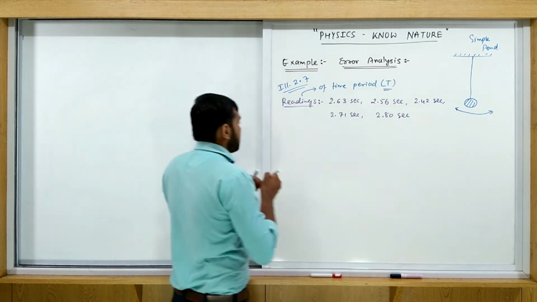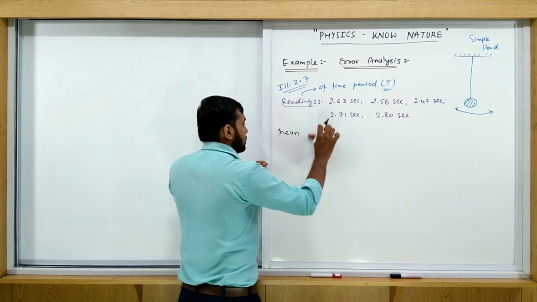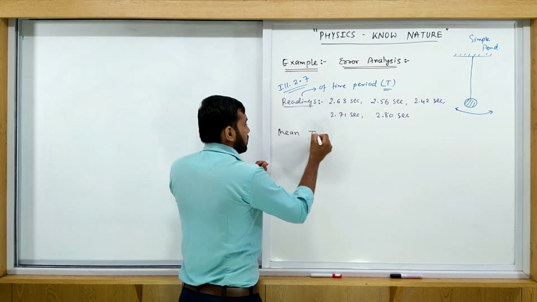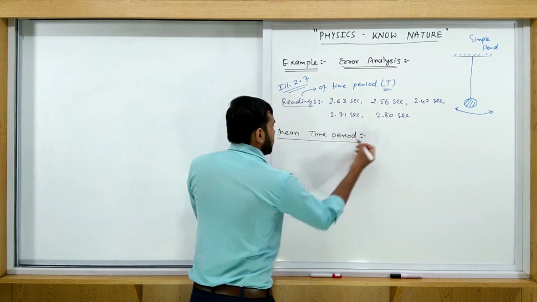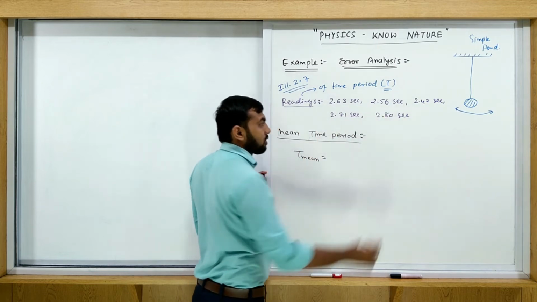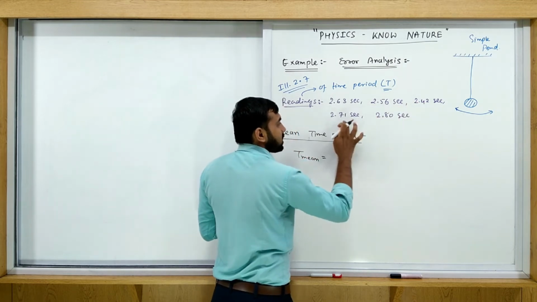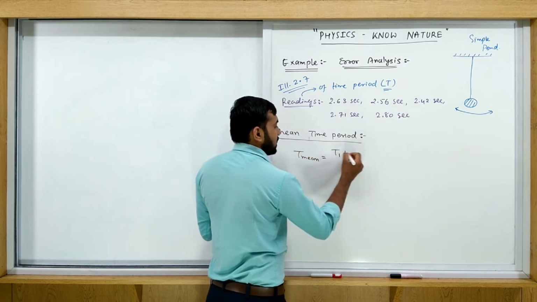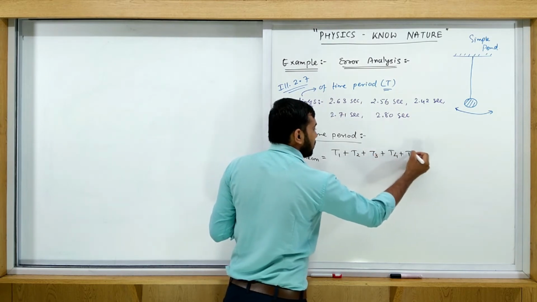Let's write the mean time period. What is mean time period? T mean is equal to the summation of all of these: T1 plus T2 plus T3 plus T4 plus T5.